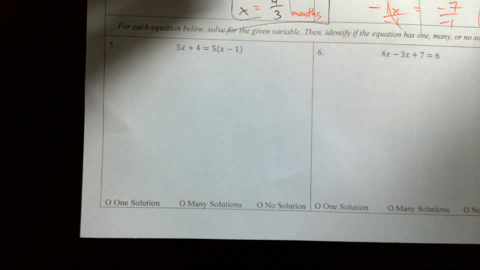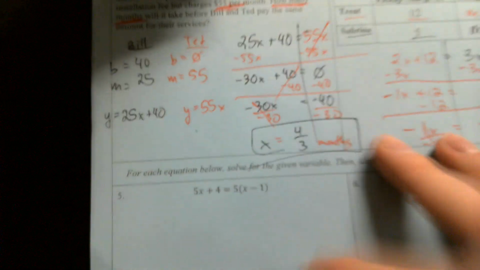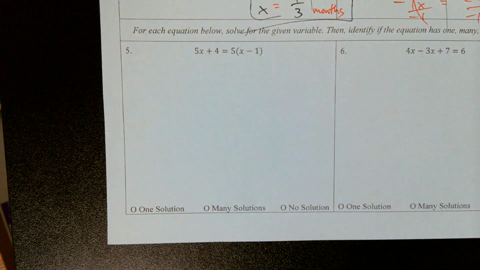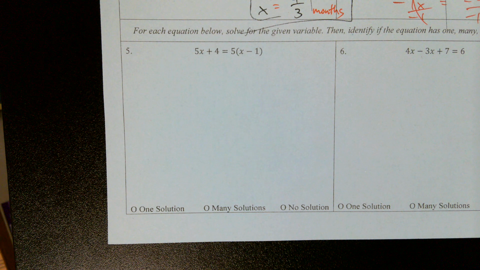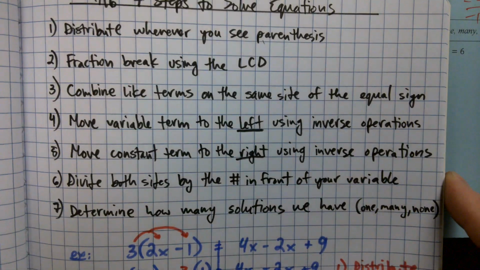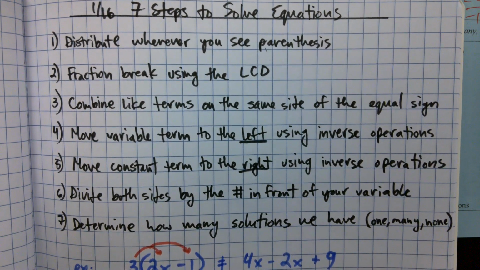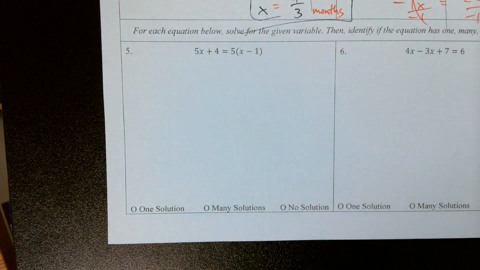Down to number 5. Now, the rest of these 8 problems are all the same thing, just different numbers, right? Solve the equation for the variable. Identify how many solutions. So we're just doing our 7 steps over and over and over again. If you forgot what that looks like, it's right here in our notes. If you don't have these in your notes, it's in Google Classroom.